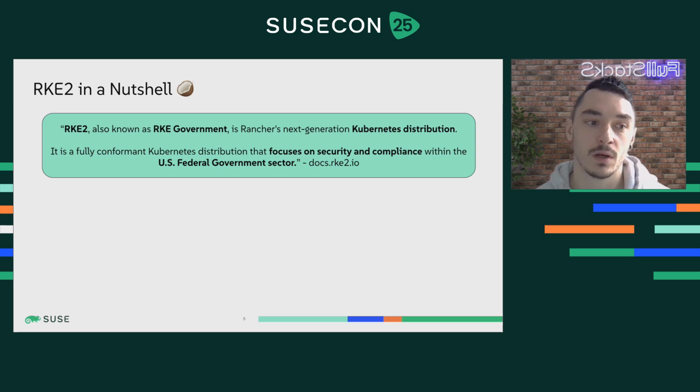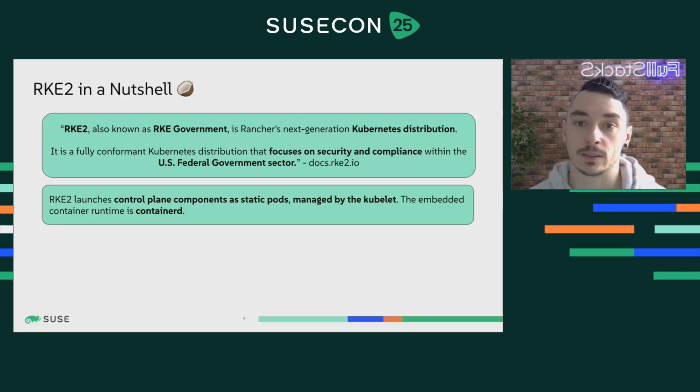Well, RKE2, also known as RKE Government, is Rancher's next generation Kubernetes distribution. It's a fully conformant Kubernetes distribution that focuses on security and compliance and is especially built for the US federal government sector.